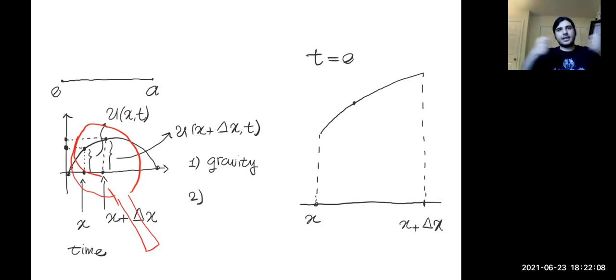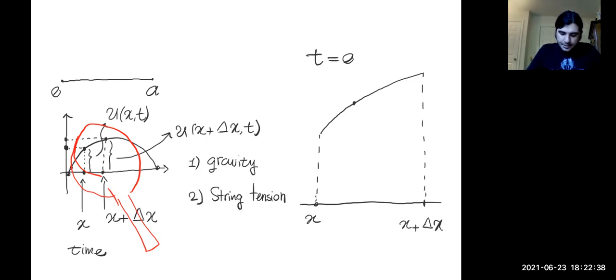That's how they stay connected. There is some tension between them. I'm assuming these two are the only forces here. So I'm assuming there is no resistance in the string. It's completely flexible. We are assuming all these things because mathematically, that makes things a lot easier.